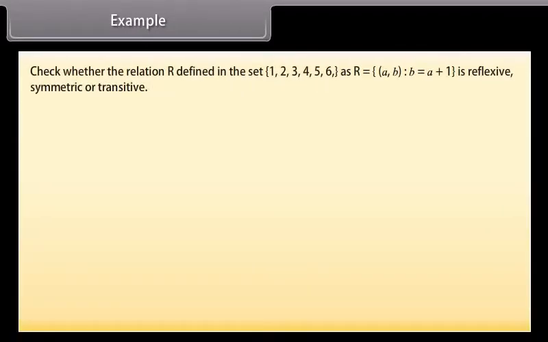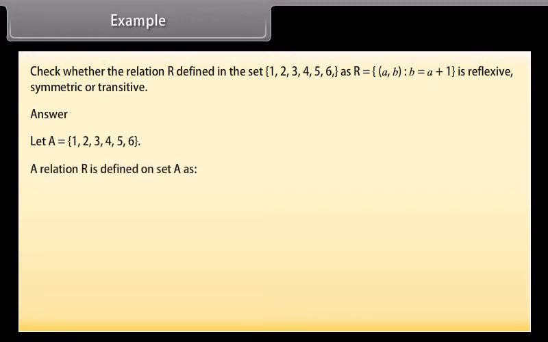Example. Check whether the relation R defined in the set {1, 2, 3, 4, 5, 6} as R = {(a, b) such that b = a + 1} is reflexive, symmetric, or transitive. Answer. Let A = {1, 2, 3, 4, 5, 6}.